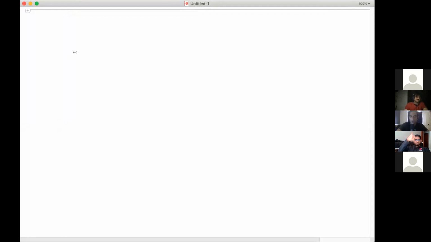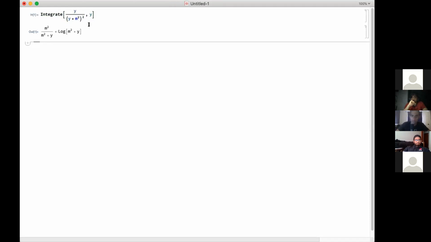Yep. Cool. So our integral, let's call k squared y, I want to integrate y over (y plus m squared) whole squared as a function of y. Mathematica is better at doing the indefinite integral first.